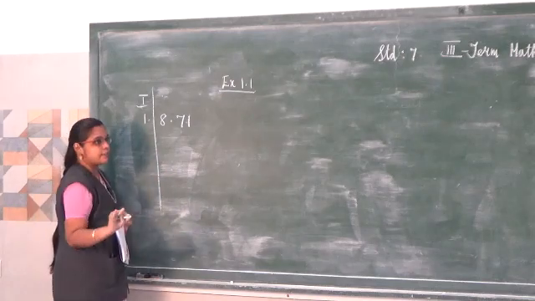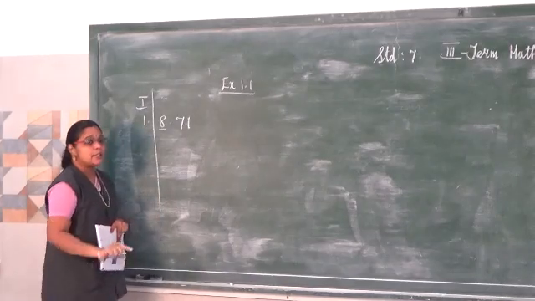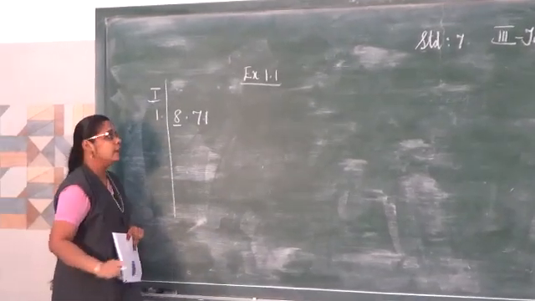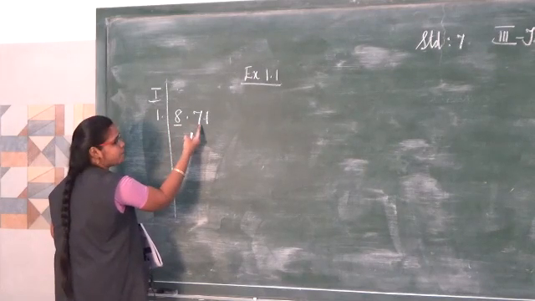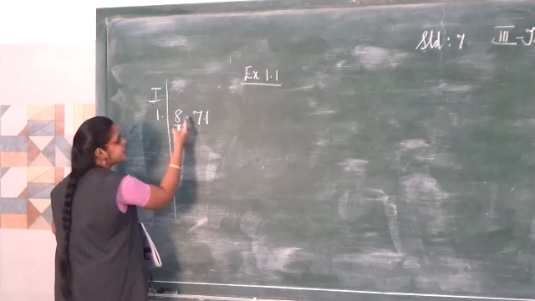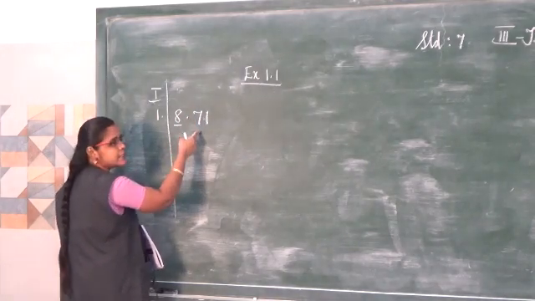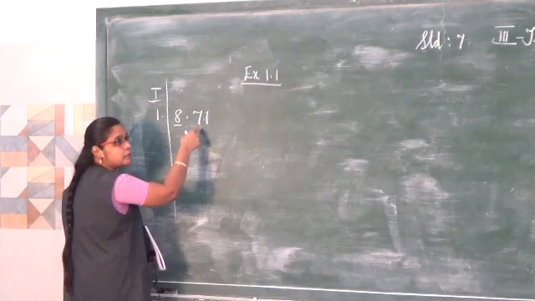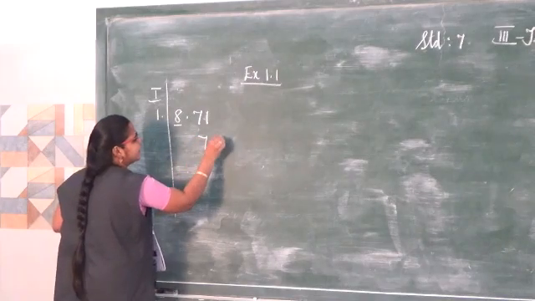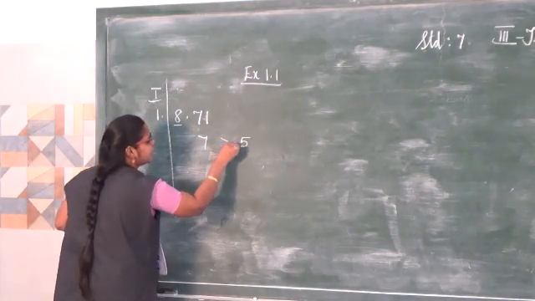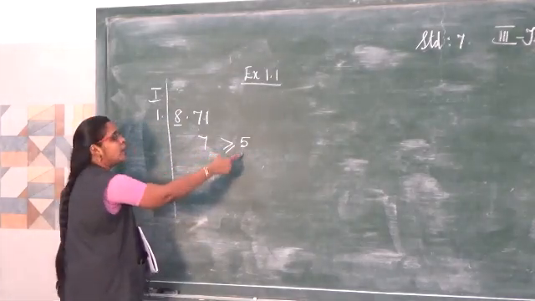So, what is the first thing we have to do? We have to underline the whole number part. Then what is the next thing we have to see? We have to see the right side of the underlined number. The right side is 7. So, we have to see if 7 is greater than or equal to 5. Here 7 is greater than or equal to 5. So, if it is greater than or equal to 5, what do we have to do?